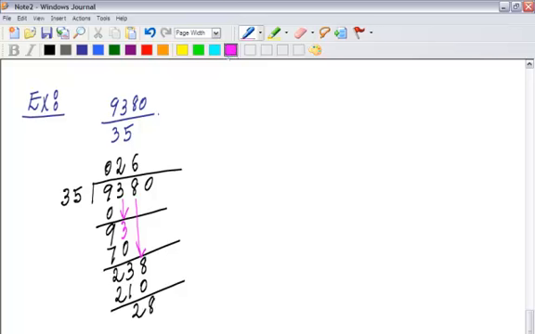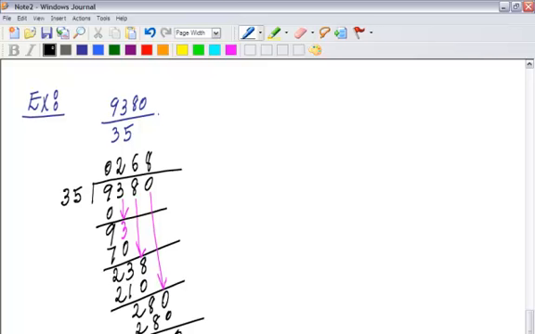Now I bring down the last digit, which gives me 280, and again I ask how many times 35 goes into 280. Well, 8 times, so 8 times 35 is exactly 280, and I get the remainder to be 0.